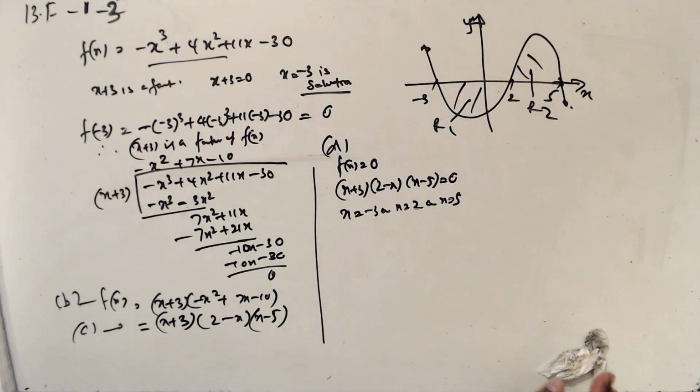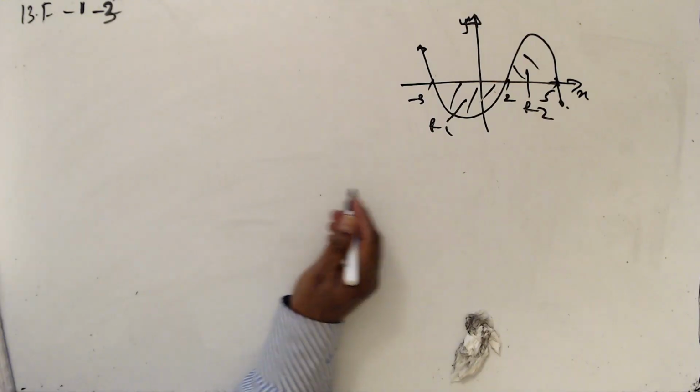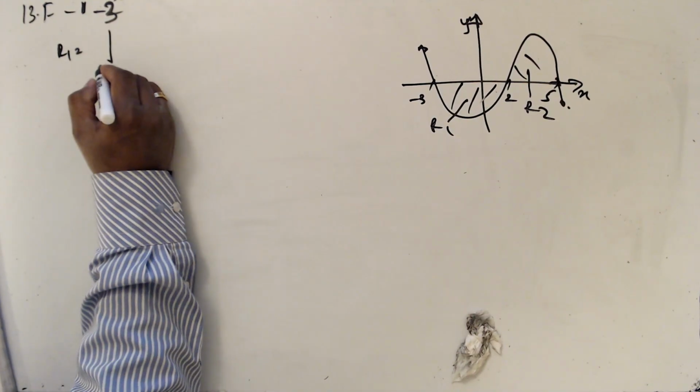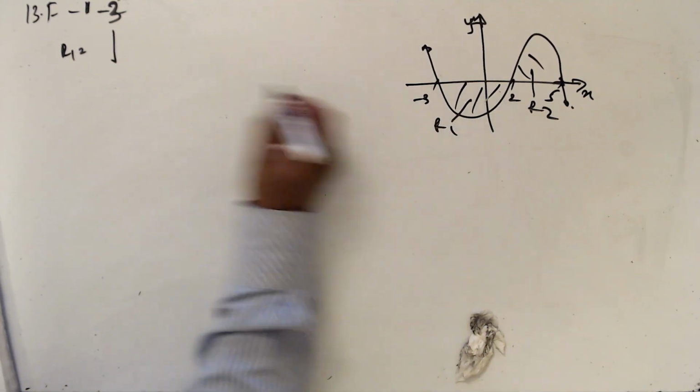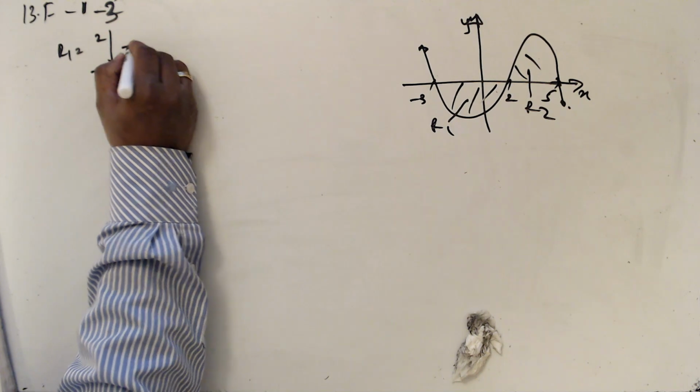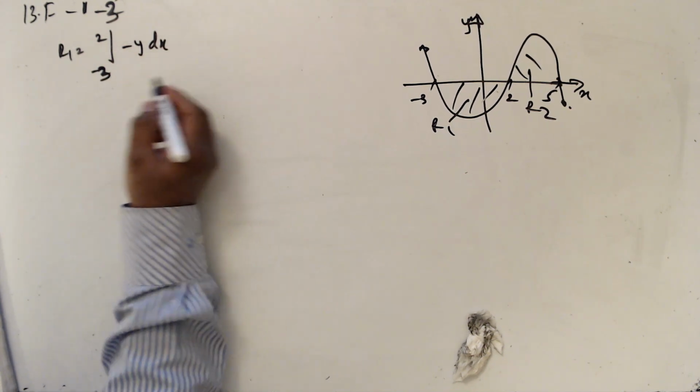Now R1 is the integral from minus 3 to 2 of minus y dx.